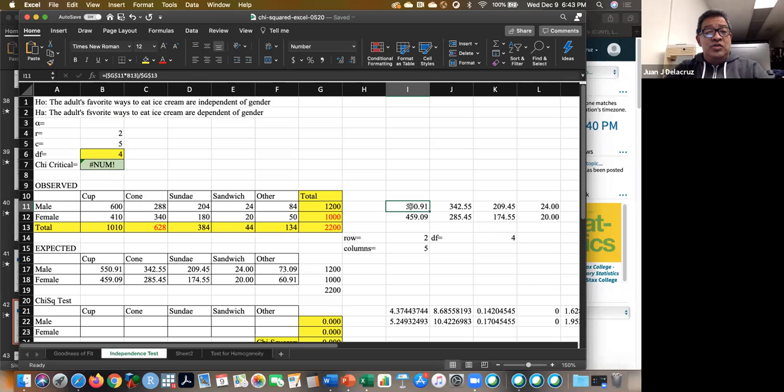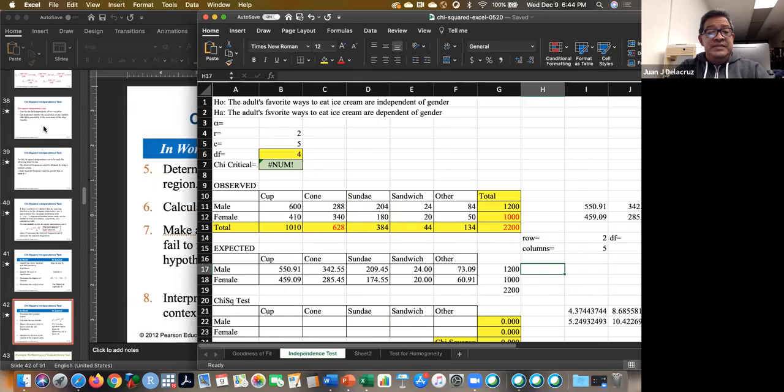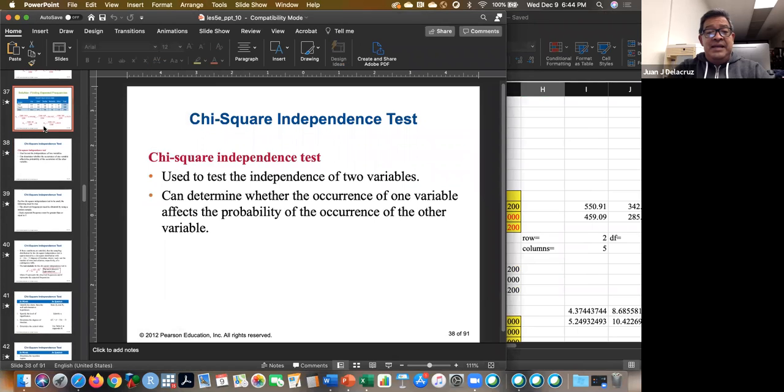Let me continue with this. Once again, this is the critical value, and this is going to be my chi-square. At this point, this is the observed data. Very likely I got this in my example.